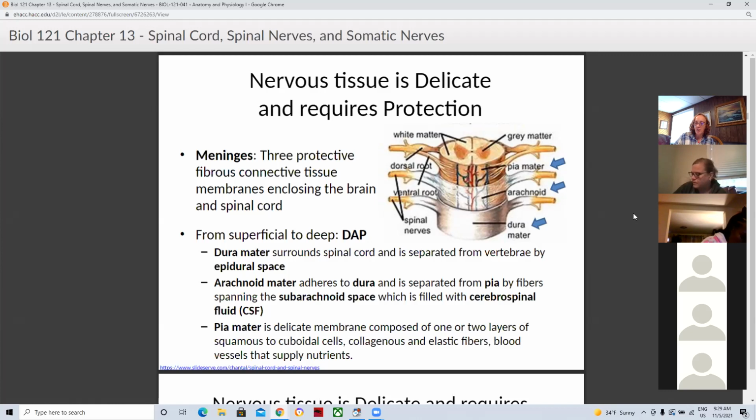The pia mater is right underneath it. It's this delicate membrane composed of 1 or 2 layers of squamous to cuboidal cells with blood vessels that supply the nutrients. If we say 1 to 2 layers, how thick are most cells?